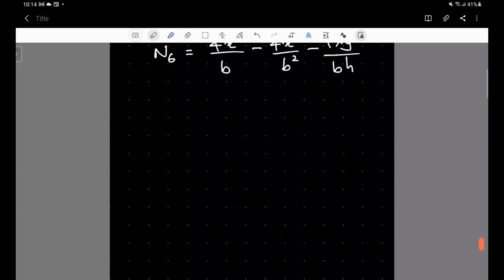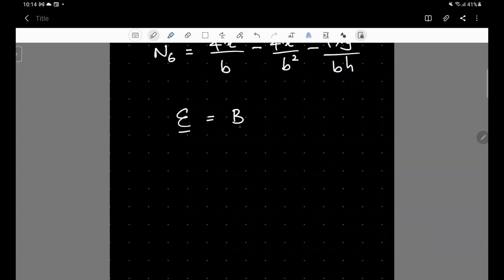So the strain is nothing but the B matrix times the D matrix, and the terms of the B matrix, you can recollect, there are beta terms and gamma terms, which are functions of the coordinate system.